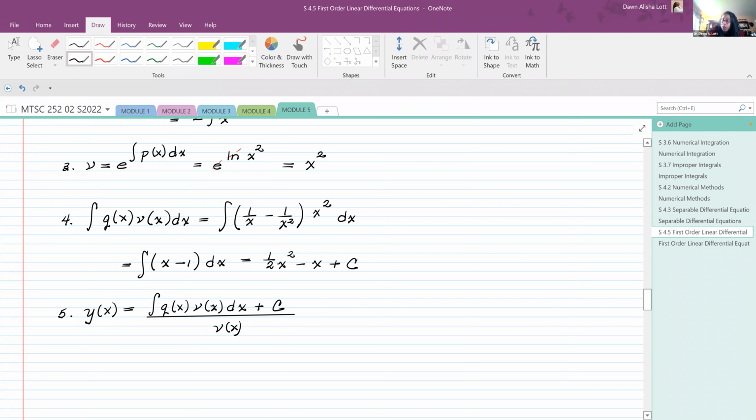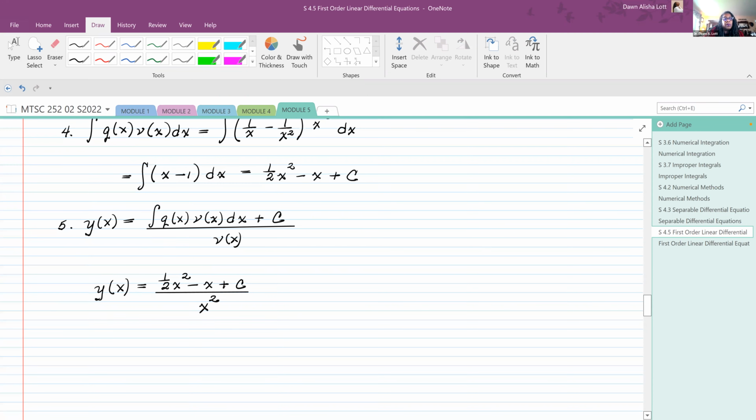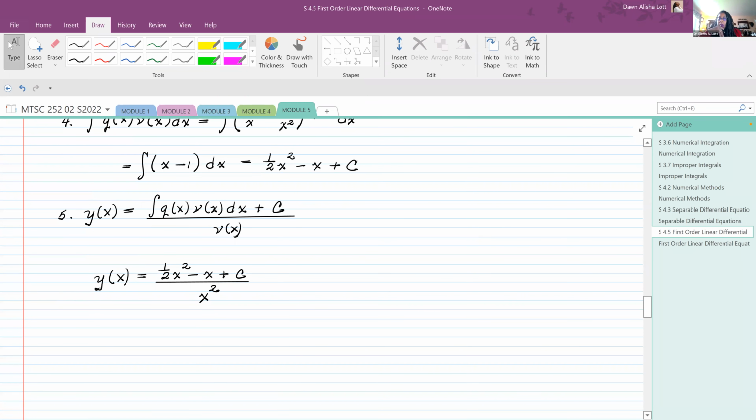So my solution is y of x is 1/2 x squared minus x plus a constant, the whole thing divided by x squared. Okay? And that's the solution.